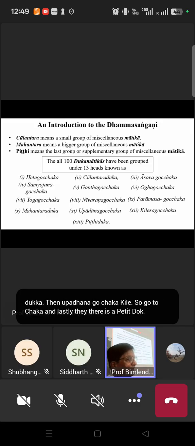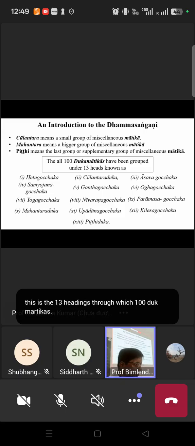So all the 100 Matikas have been classified under 13 headings. These are the 13 headings through which the 100 Matikas have been displayed in the Nikkhepakanda. This is the treatment of the Dhammas, that is the Chitta, Chetasika, Rupa and Nibbana, how they have been displayed in the Nikkhepakanda. Before these 100 Matikas, there is the establishment of 22 Tika Matikas in a very brief manner.